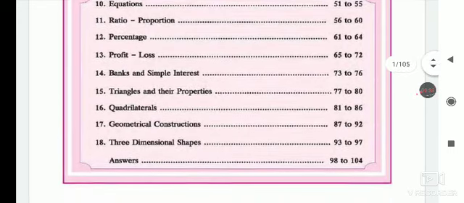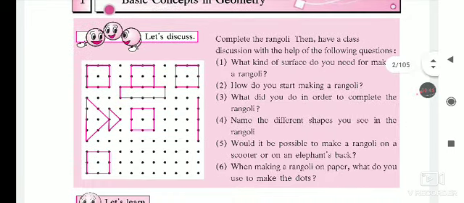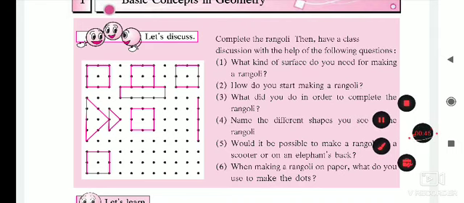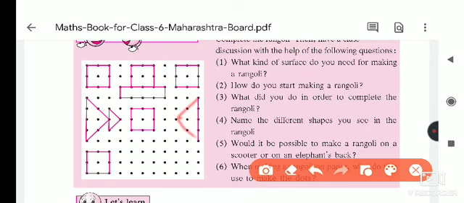It is flexible. Then afterwards this is your first lesson, basic concepts in geometry, and we have completed this activity, and I told you how to complete the rangoli. I told you that we have to make a water reflection and a mirror reflection.